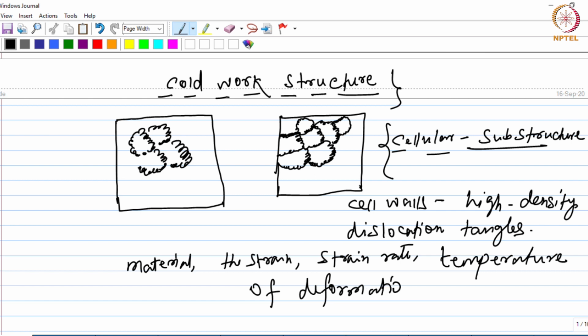Okay, so these are the parameters which will affect the nature of this structure which forms after cold working.